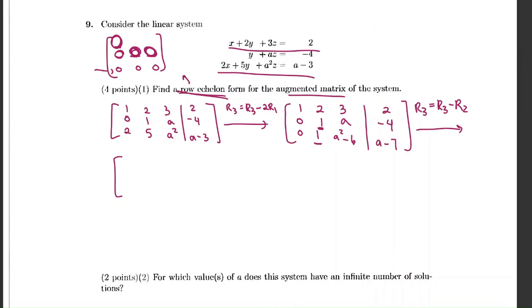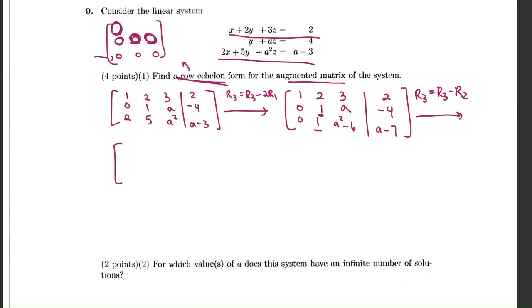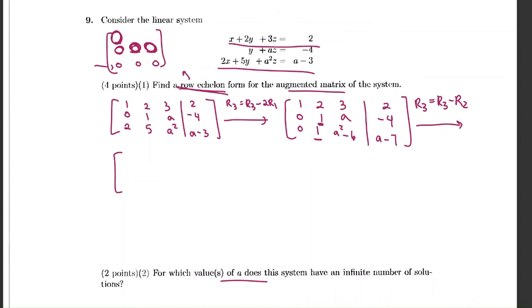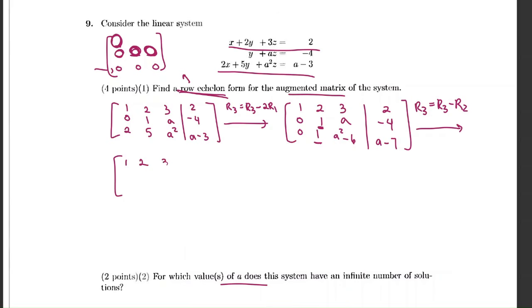Because our ultimate goal is to isolate, I guess I'm skipping a little bit, but in these future problems, we kind of want to isolate the a so that we can figure out what conditions give certain solutions. So I'm just going to do this for the third row. So 1 minus 1 is 0, then I get a squared minus a minus 6, and then a minus 3.